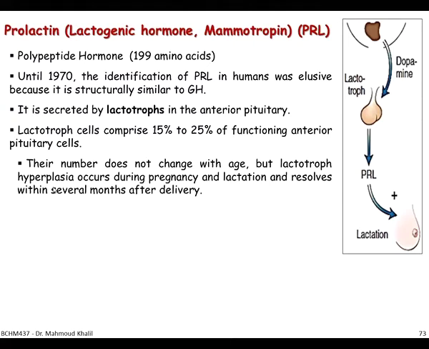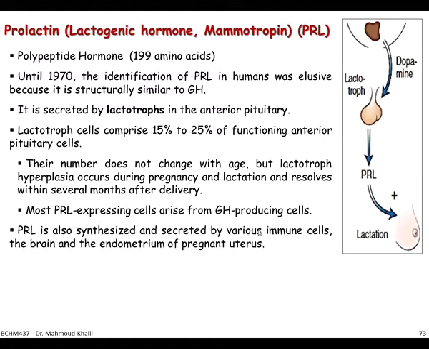Of course, the mother needs a lot of lactotrophs in order to secrete a lot of prolactin to induce milk in the breast for lactation. Most prolactin-expressing cells arise from growth hormone-producing cells. Prolactin is also synthesized and secreted by various immune cells, the brain as well, and the endometrium of the pregnant uterus. So here you can see other locations for the secretion of prolactin.